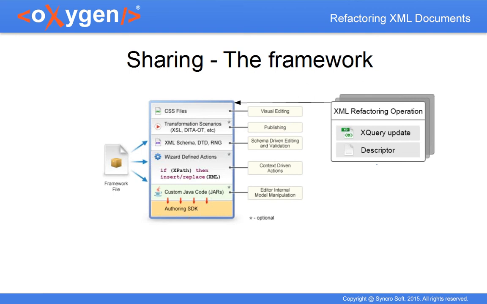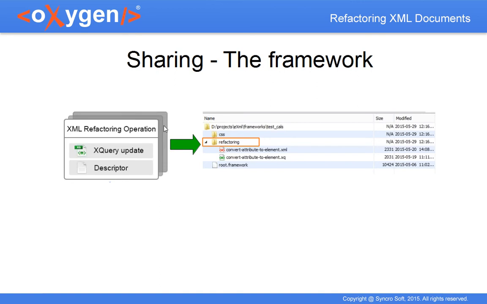If your operations are intended for a particular vocabulary, then it is only natural to bundle them into the framework. To do that, just create a directory named refactoring in the framework directory and drop the operations there, and oXygen will load them automatically.